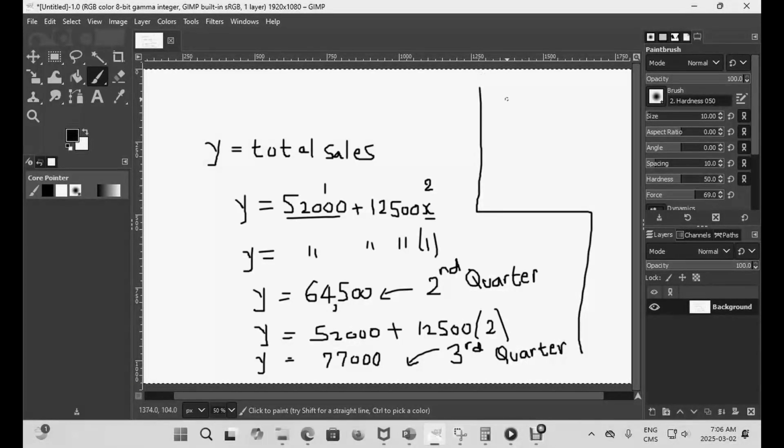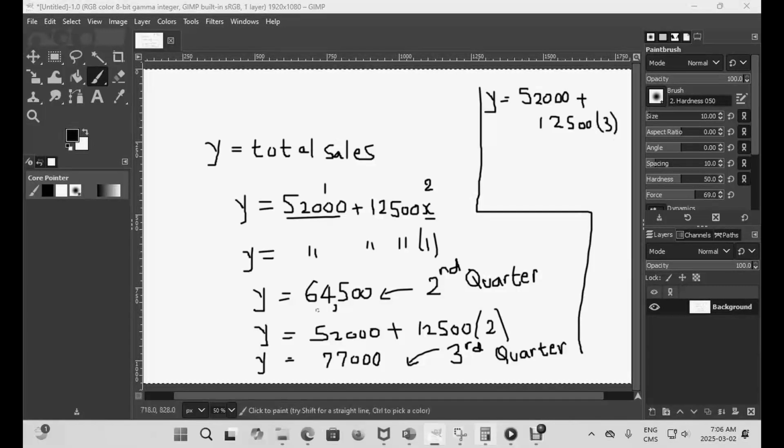Now we need to figure out the y value for the fourth quarter. So y equals 52,000 plus 12,500 times 3, for the last quarter.